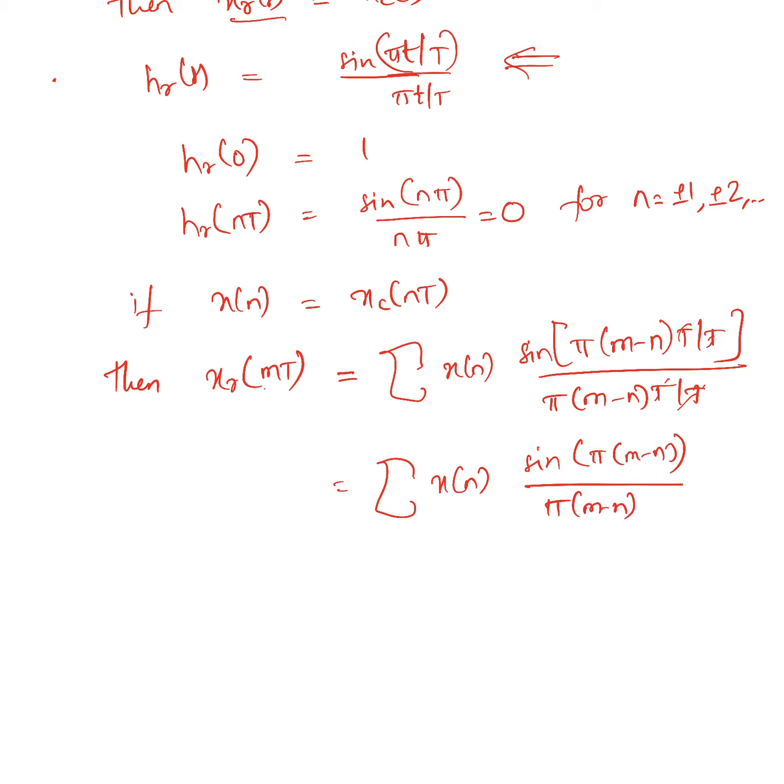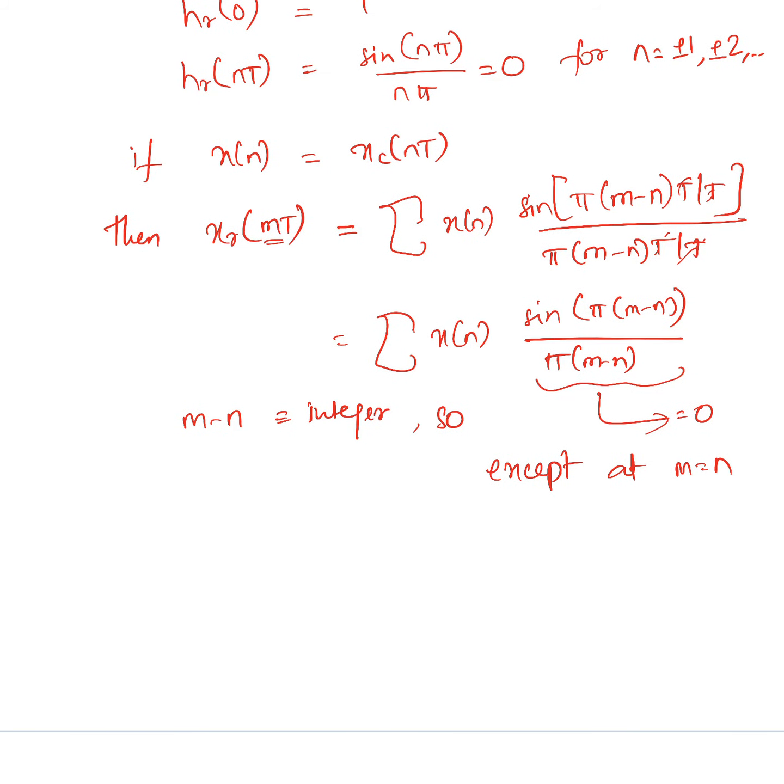So when we are writing this as m times T, m is already an integer. In that case, m minus n would always be an integer. So this term would be equal to 0, except when m is equal to n.